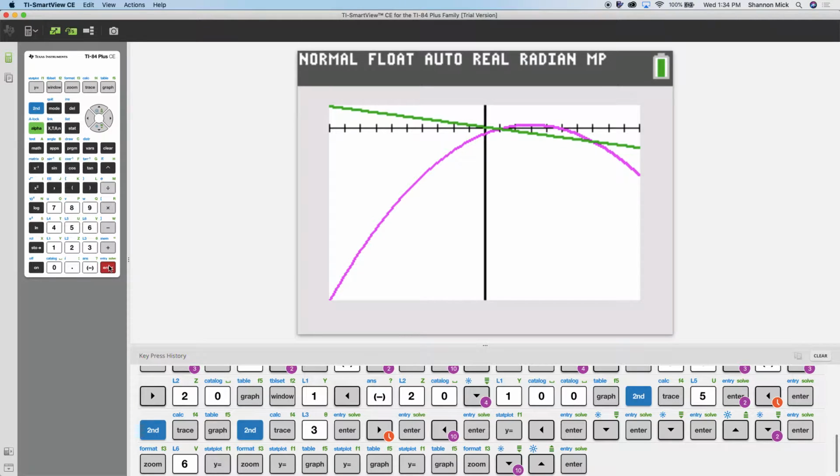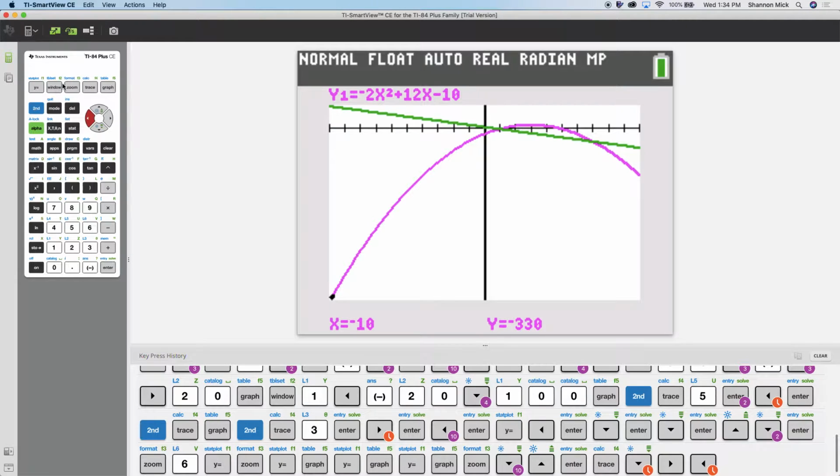Everyone's fit, the calculator may have picked a little bit different window. I don't think we needed this many negative y's. Mine goes clear down to probably negative 200 and some. Oh, we're going to get 300. Do I need to see negative 330?